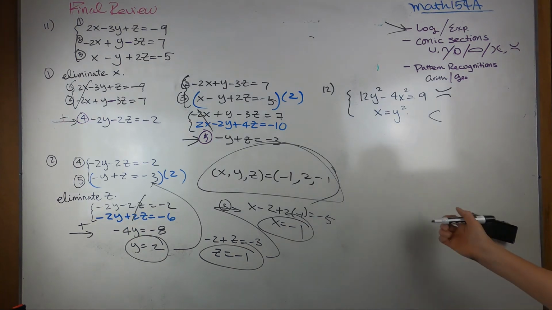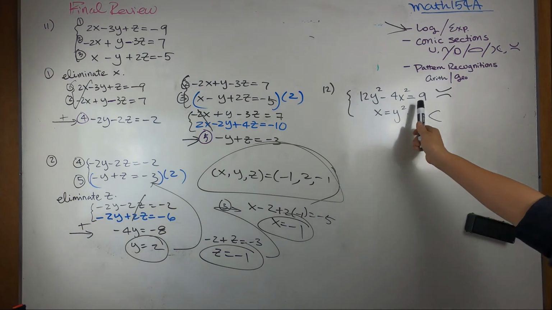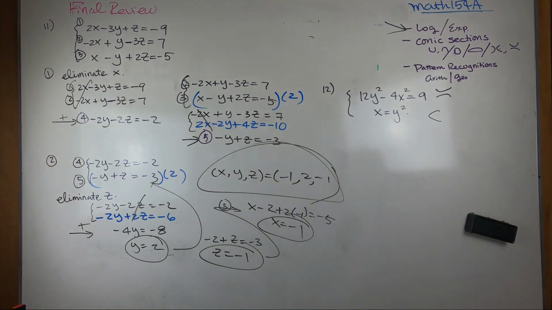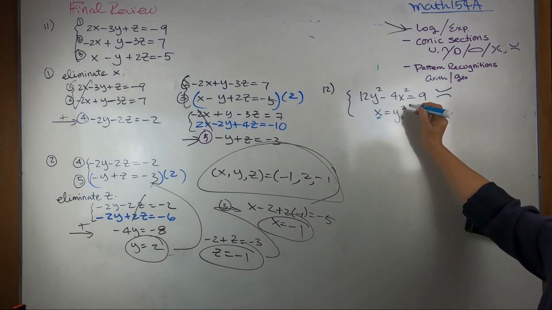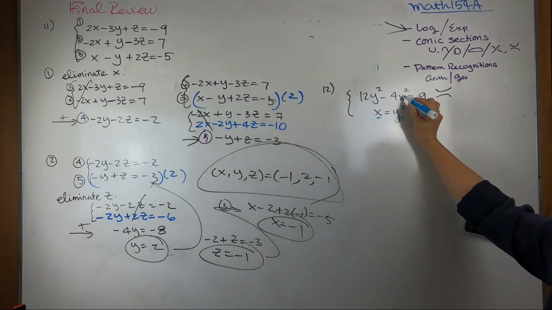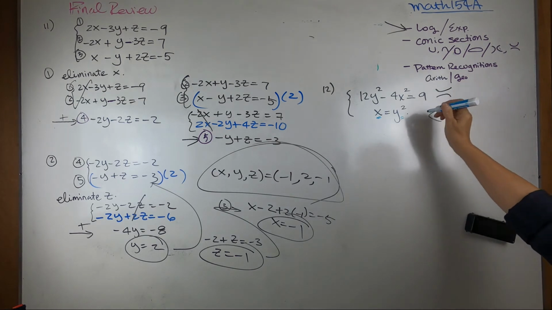So if you write it in standard form, you divide by 9, then you can see. Okay? But to solve it, not graphing it, so what do you think? You can plug in x equals y squared. Then x squared becomes y fourth power. It's undesirable because the power is too high for you to solve.